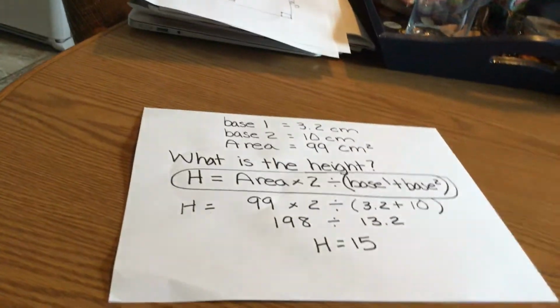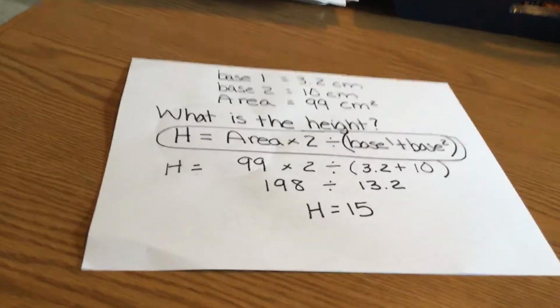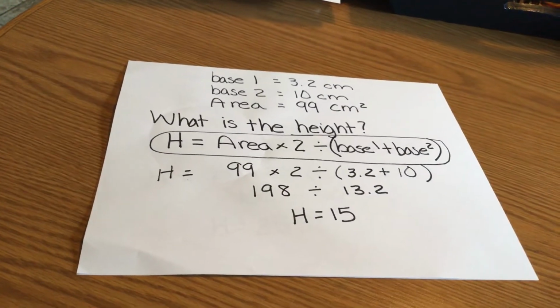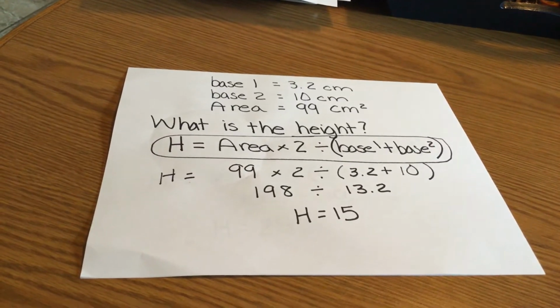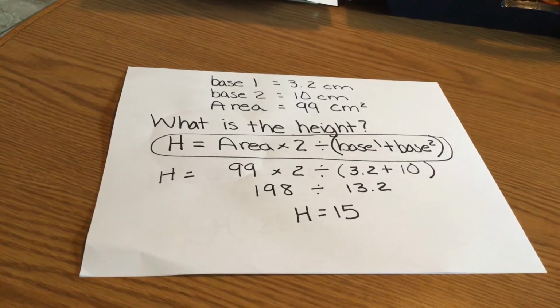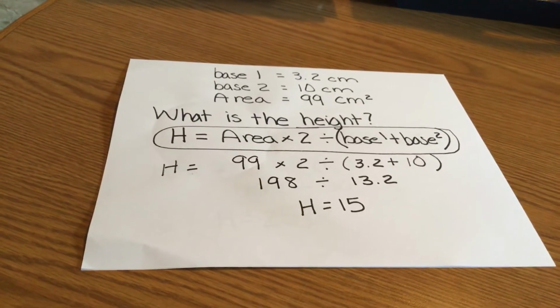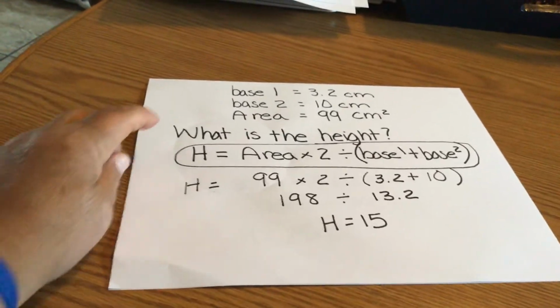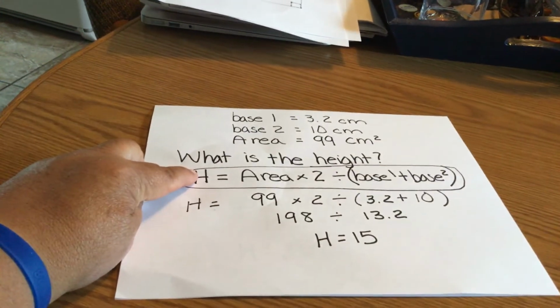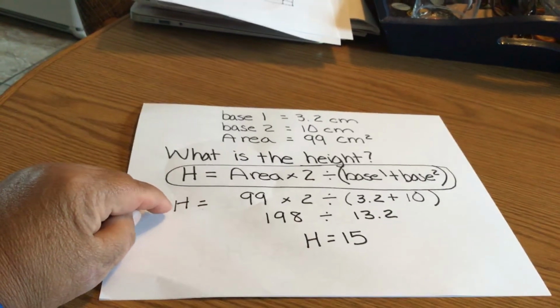All right. So now if you have a problem where base 1 is 3.2, base 2 is 10 centimeters, and the area is 99 centimeters squared, and we're trying to figure out what's the height, you go back to the formula that I gave you at the beginning of the lesson and put in your numbers.